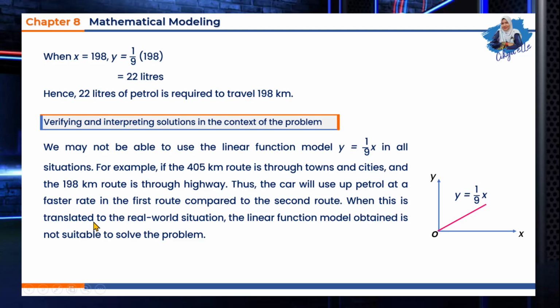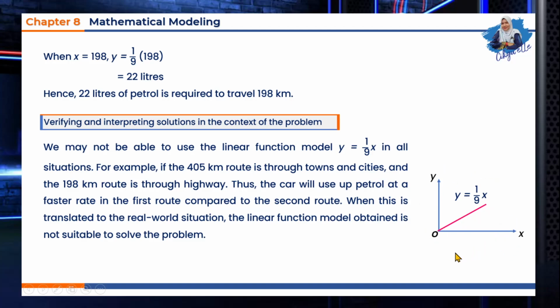When this is translated to a real world situation, the linear function model obtained is not suitable to solve the problem. So you make a verification based on the model that you have created. Give your support of applying mathematics with this graph, the linear function.